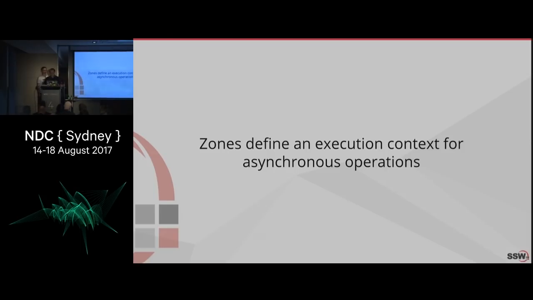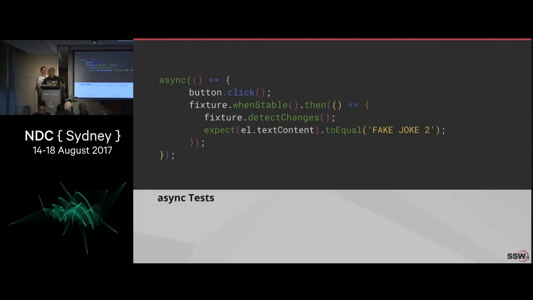Now, when we come to testing, it gets even better. We've got the async and the fakeAsync keywords, and when you wrap your tests in the async keyword, they're going to execute inside a testing zone.